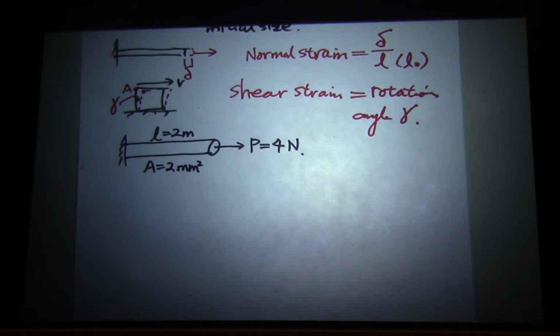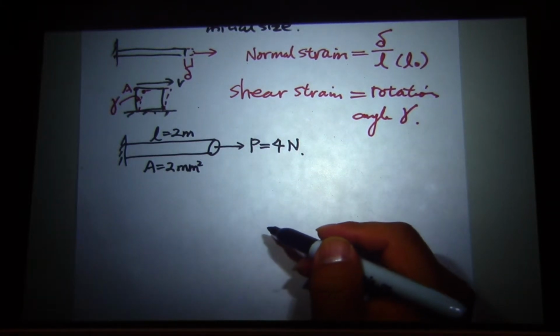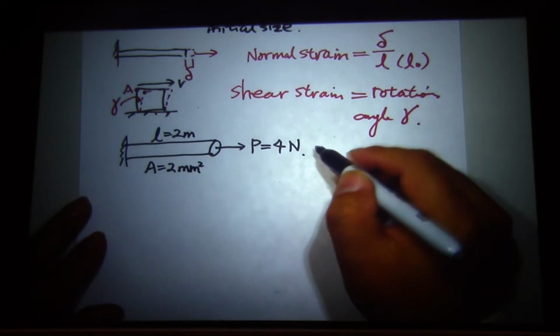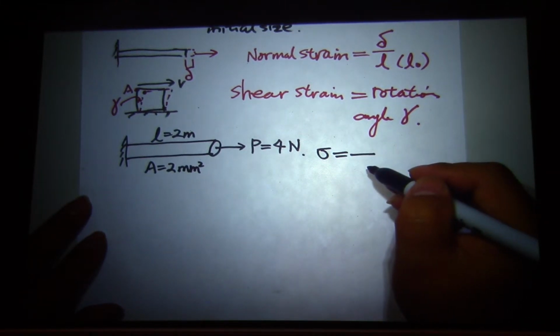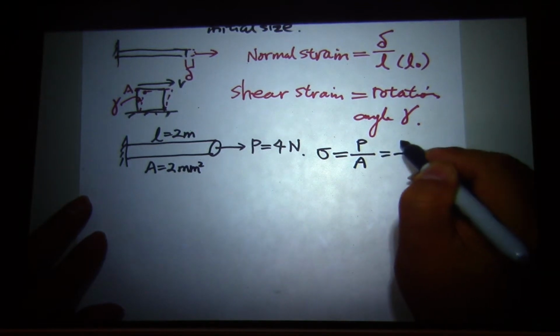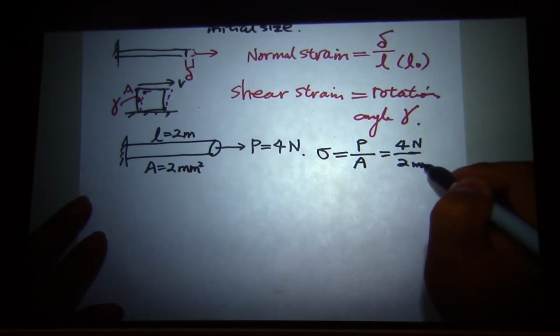Now, can we calculate the stress in this bar? What kind of stress do you have in this bar? Normal stress. So normal stress, sigma, equals force P over area A. That will be 4 newtons over 2 millimeters squared.